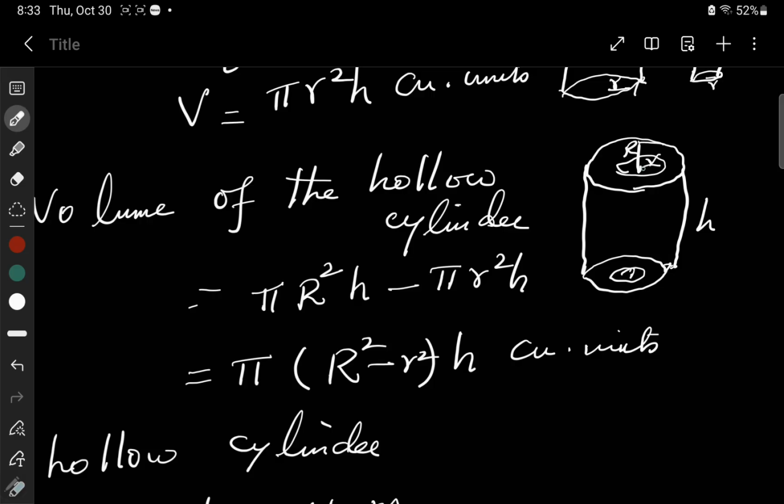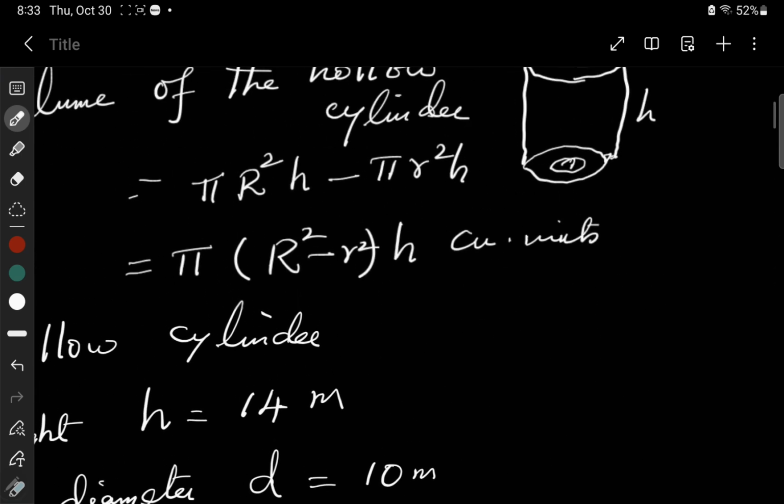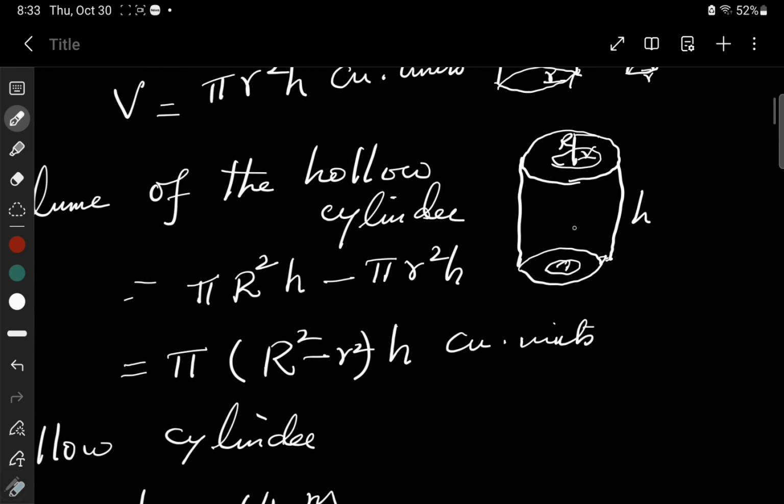We take out all the sand from the inner cylinder and we form the wall around the well, that is the hollow cylinder.